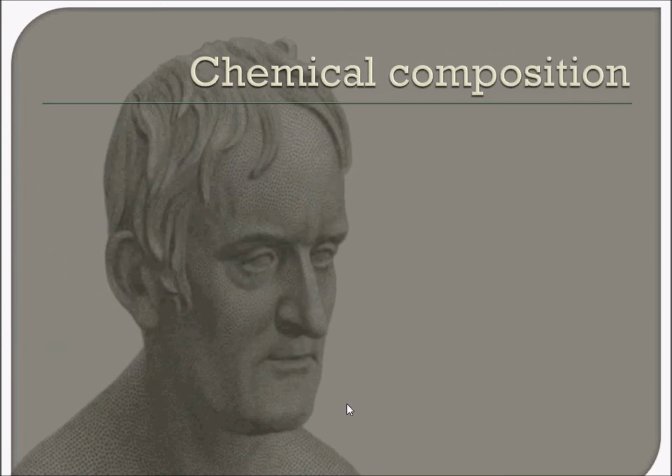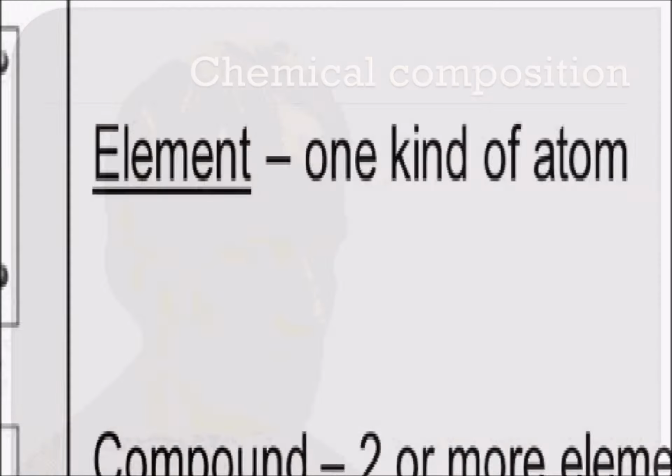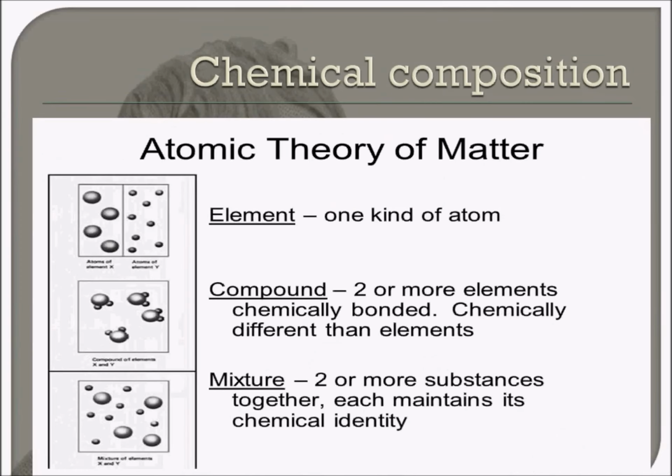So let's see the pictorial form of the chemical composition of matter. We already know the chemical composition of matter, that is, elements, compounds and mixtures. With respect to atomic theory, an element has one kind of atom.